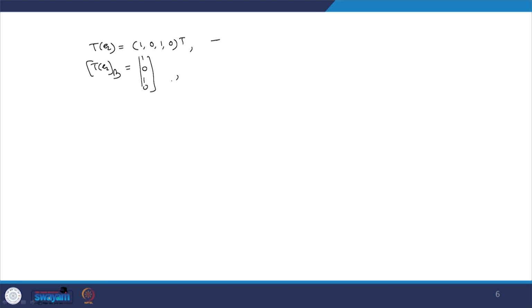Similarly, you can see that the coordinate matrix of T E3 with respect to B will be 0 1 0 1, and T E4 will be 1 0 1 0.